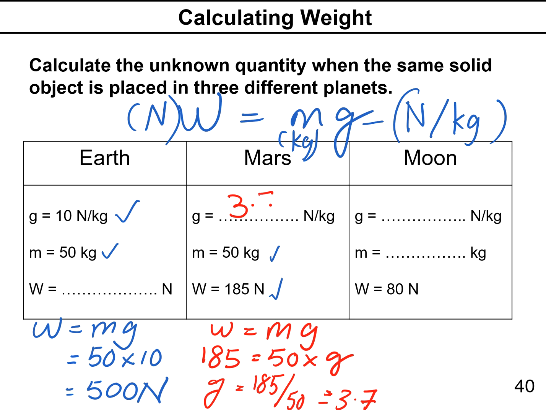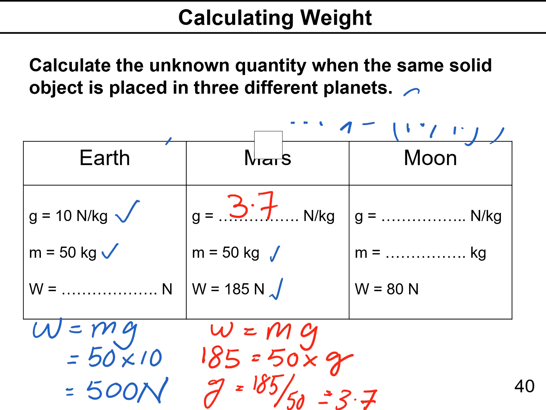If you look at the gravitational field strength of 3.7, you will realize that it is smaller than the Earth's gravitational field strength. So in a way, you will also know that the planet Mars has a smaller mass than the planet Earth.